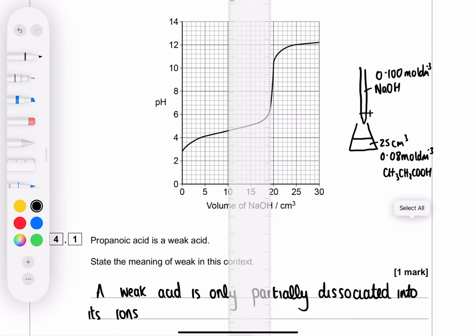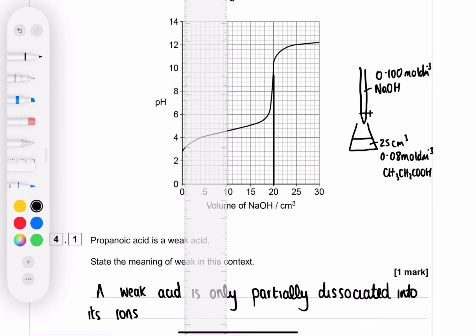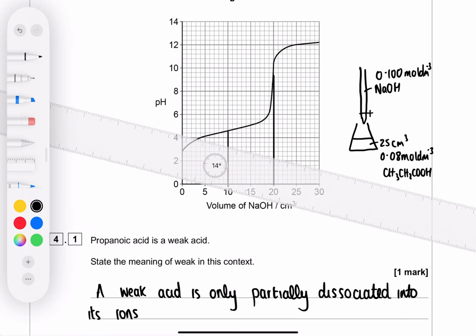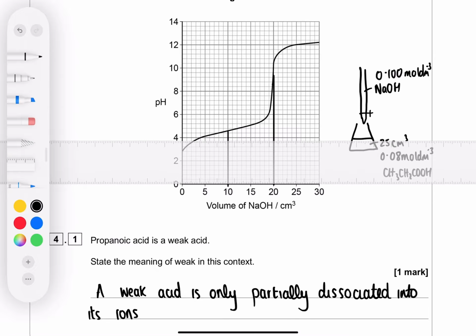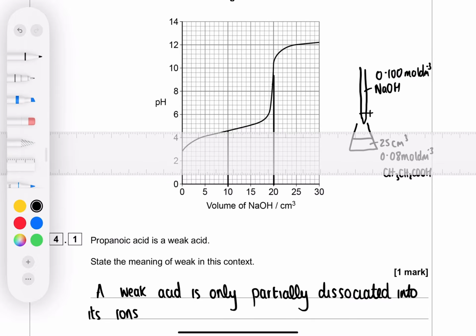So we want to go to half of that, so to 10, when half of it has reacted. We want to go up to the line and go across from there. And that would be our pH.